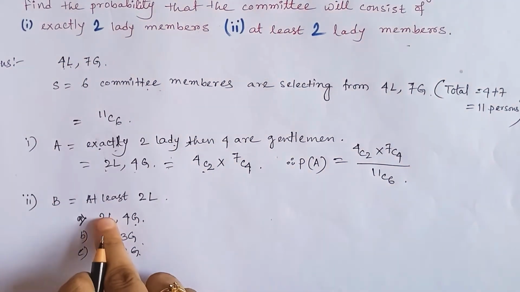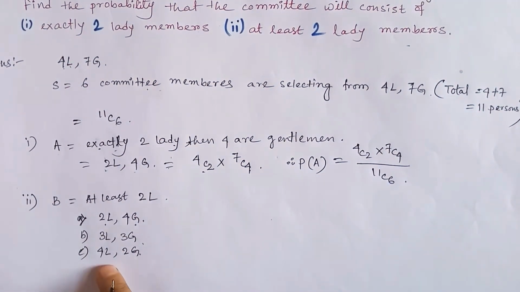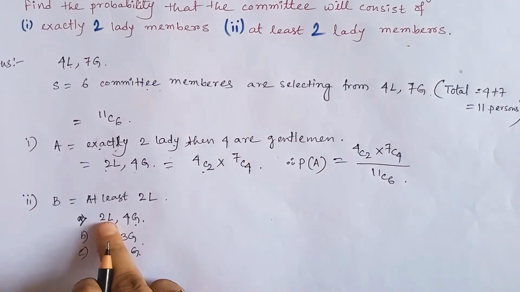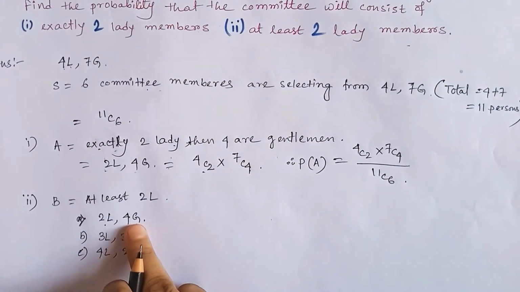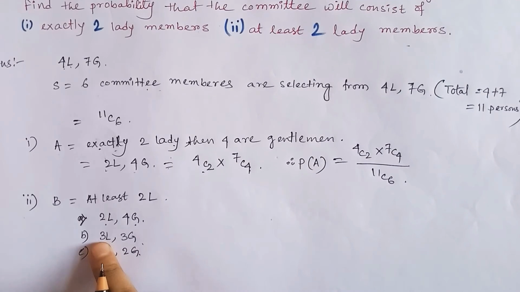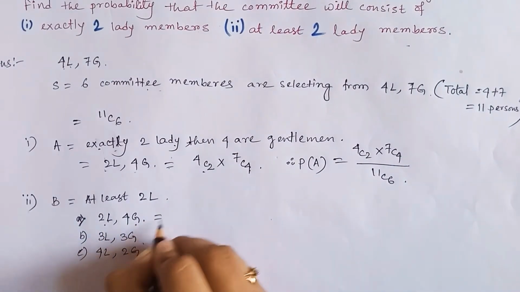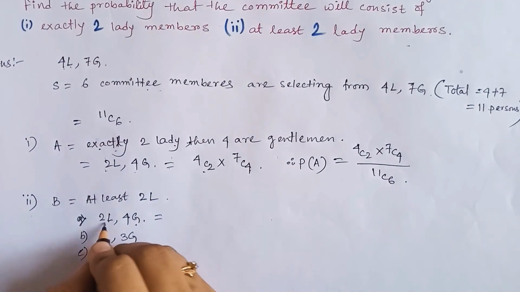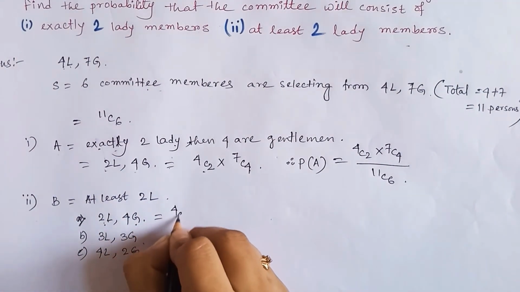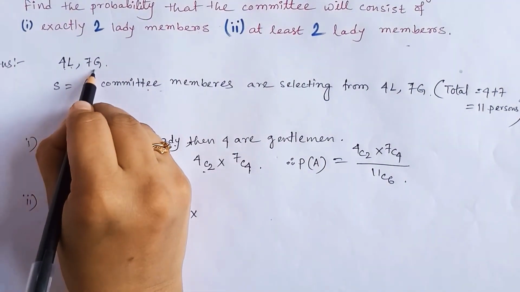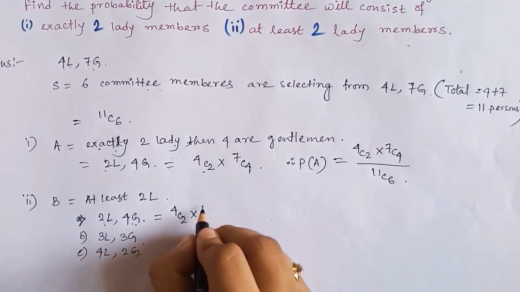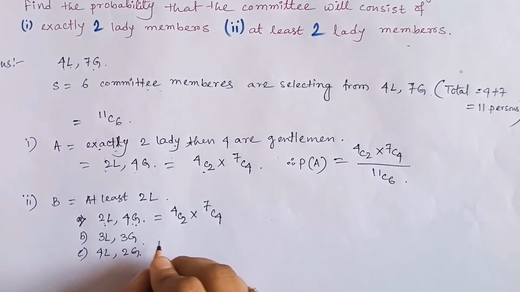So we can select 2 lady or 3 lady or 4 ladies. If we select 2 ladies, then the gentlemen will be 4. If we select 3 lady, the gentlemen are 3. If we select 4 ladies, then the gentlemen are 2. So 2 lady and 4 gentlemen: out of 4 lady, we can select 2 lady in 4C2 ways, and out of 7 gentlemen, 4 gentlemen in 7C4 ways.